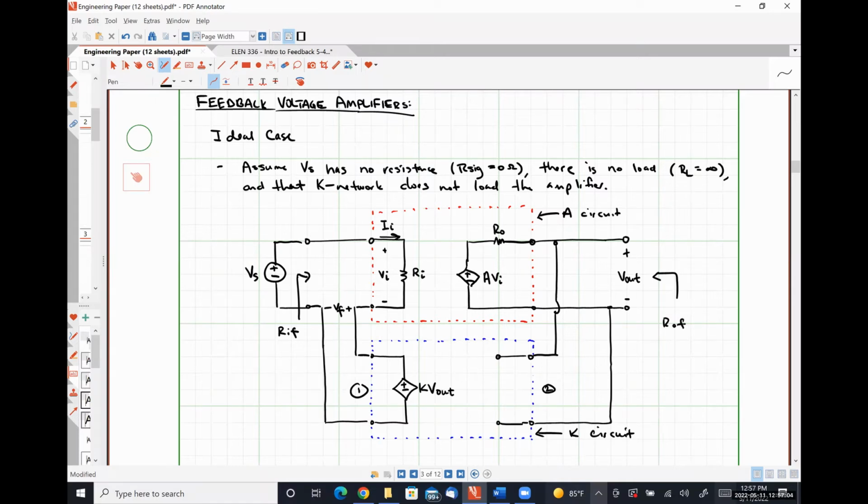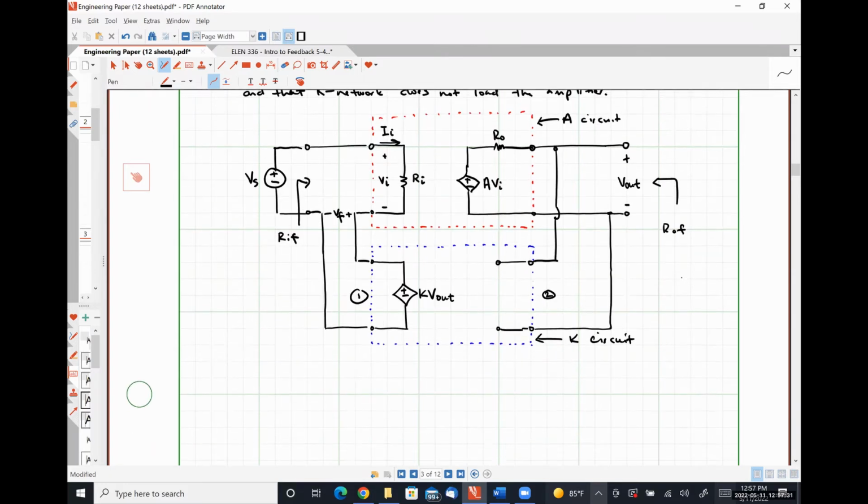All right. So we've drawn our system. Now let's start to analyze what's going on here. This circuit exactly follows our general feedback structure signal diagram. And so we know that our closed loop gain AF should simply be A over 1 plus KA. So that's where we're going to start.